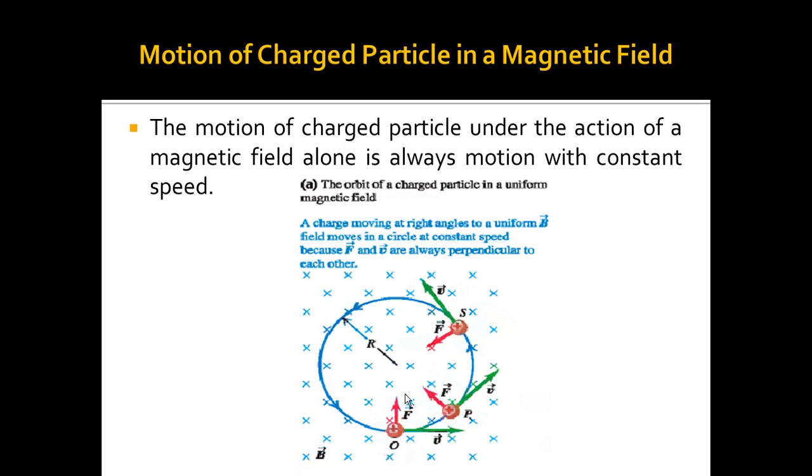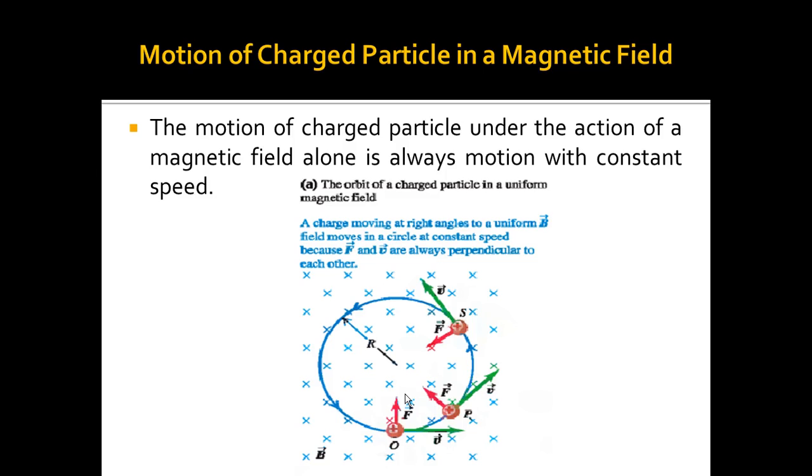The force could be in the same direction as the velocity or in the opposite direction. This means the charged particle could either be sped up or slowed down, depending on whether the force applied by the electric field is in the same direction as the velocity or in the opposite direction.